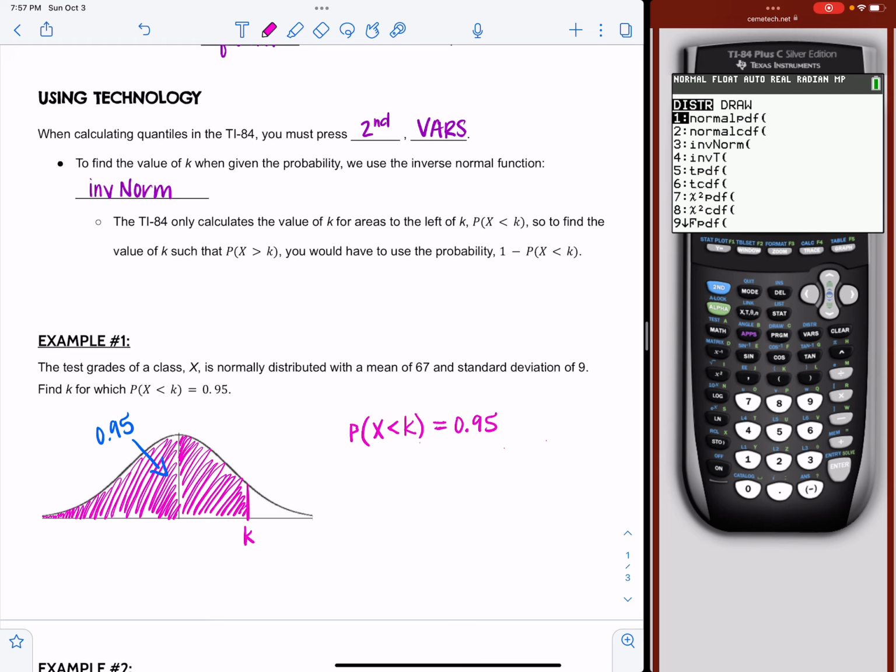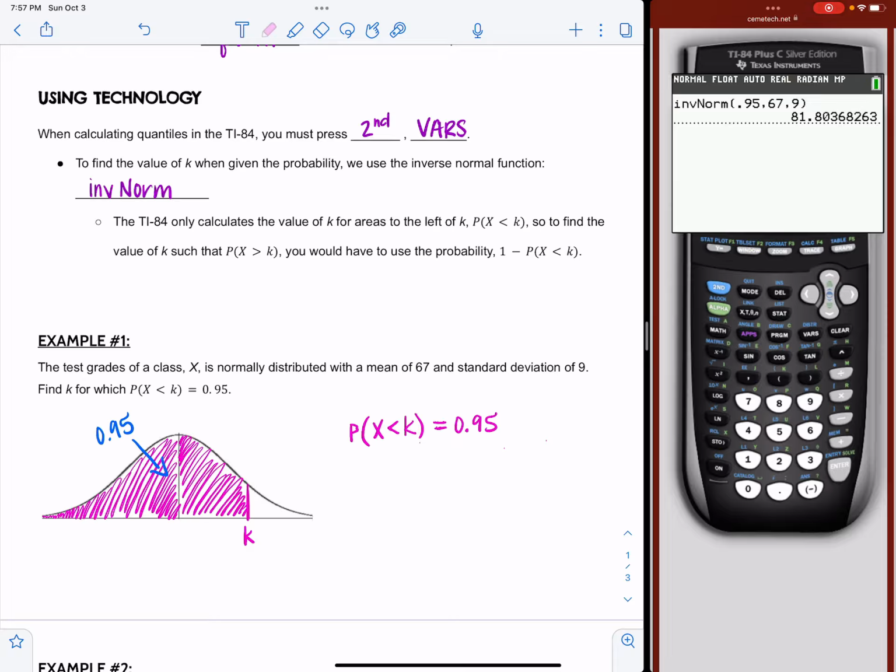What we have to do here is look at our inverse norm. So I'm going to go to number 3. It tells me the area. Remember, this is already to the left, so I put 0.95. I put my mean, which is 67, and then my standard deviation, which is 9.